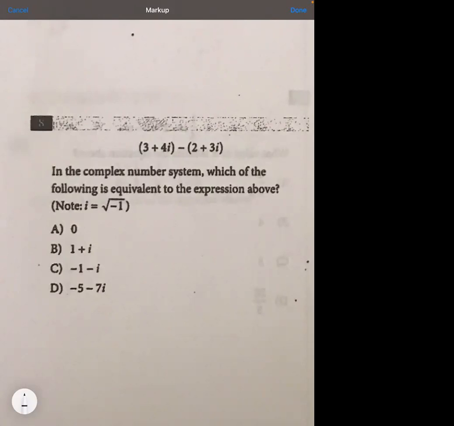Number 8, 3 plus 4i minus parentheses 2 plus 3i. In this case, some people might get confused about, oh, where did the i come from? All you need to do is simplify this equation and think of the i's as x.